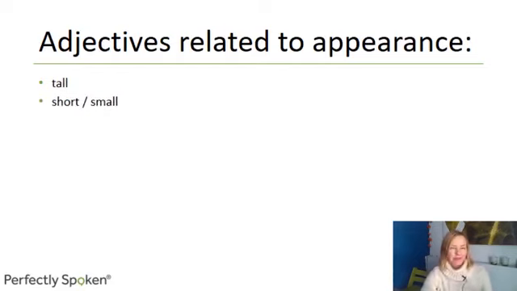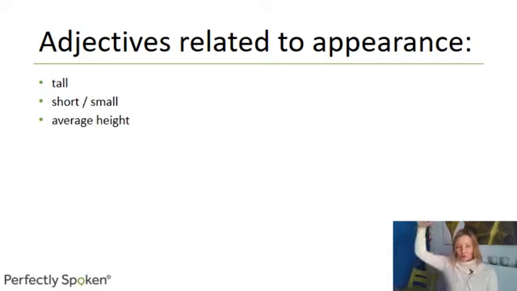Short, you have to be careful because sometimes it's a little bit negative. Okay, so you've got tall, short or small. Maybe small is a bit more politically correct, maybe. I don't know. And then you've got tall, short or average height.